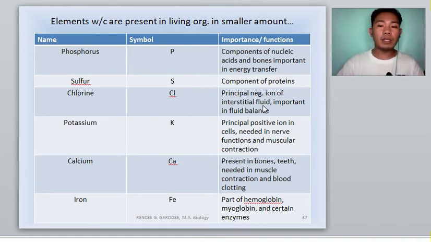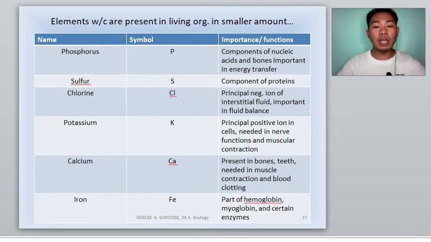Another, chlorine, which is a principal negative ion of interstitial fluid, which is important also in fluid balance. We have also potassium, which is a principal positive ion in the cells, needed in nerve functions and muscular contraction.